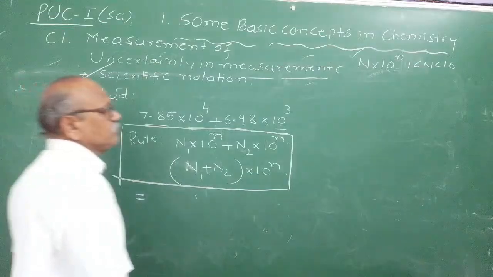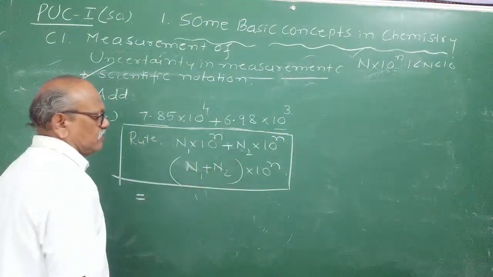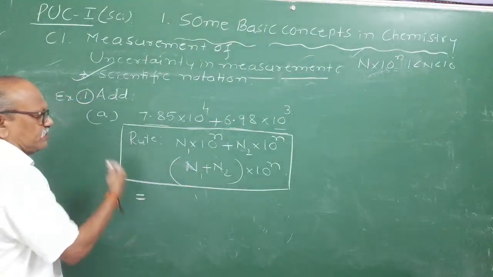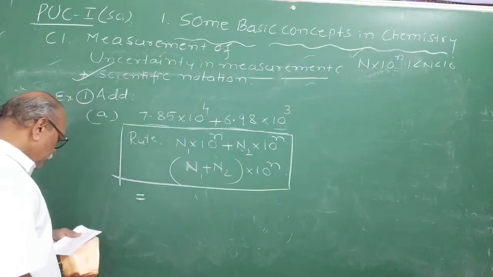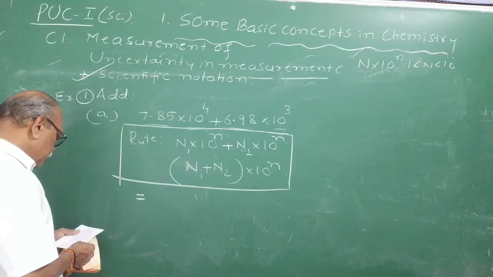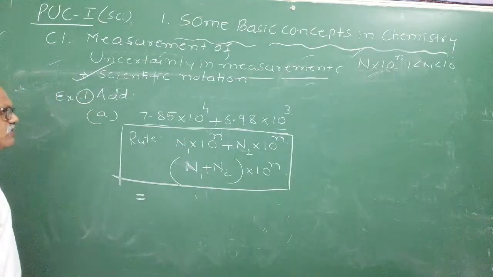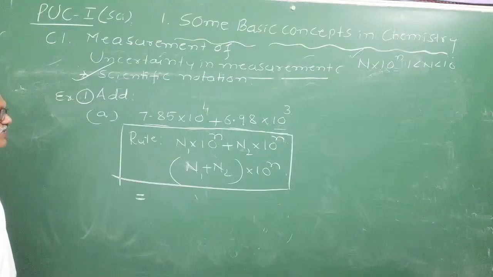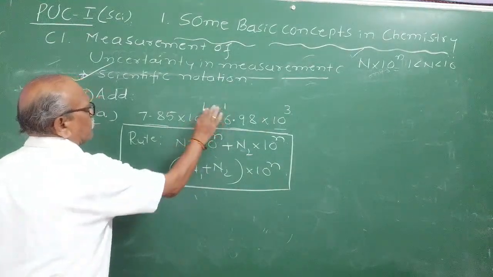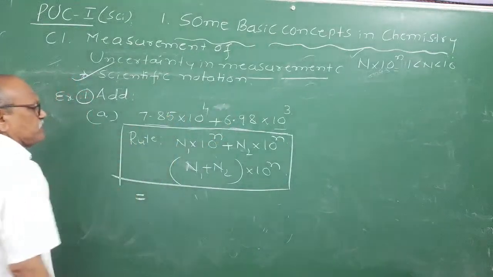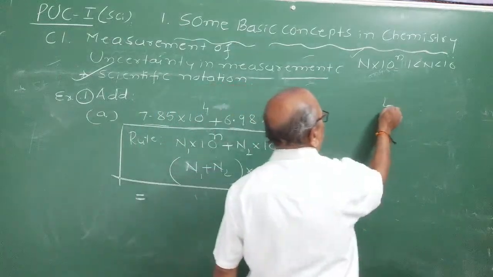What is the rule, right shift or left shift? Are you shifting the decimal point to the right or left? For this 10 raised to 4, I must subtract 1. To subtract 1, where should the decimal point be shifted? Left shift.